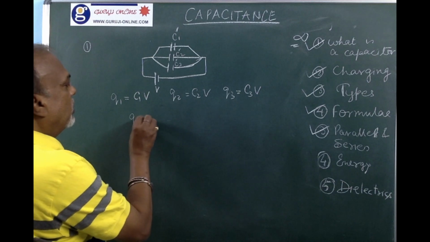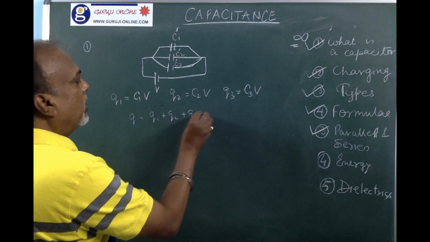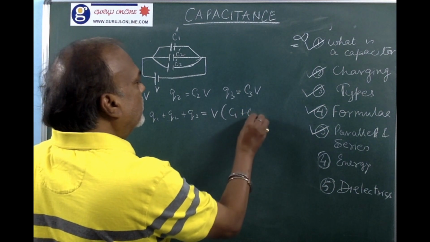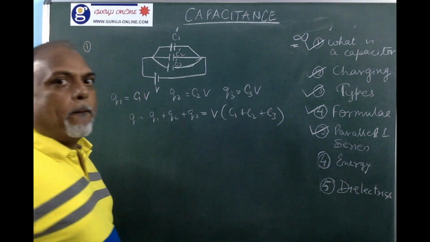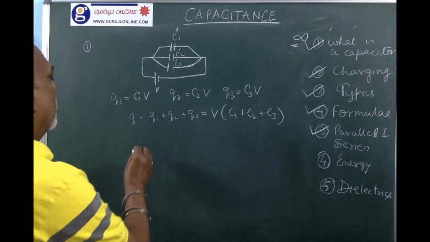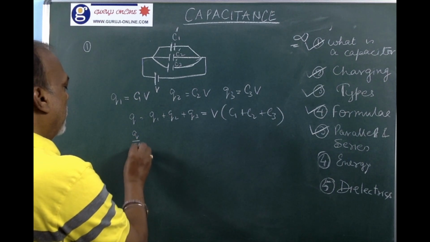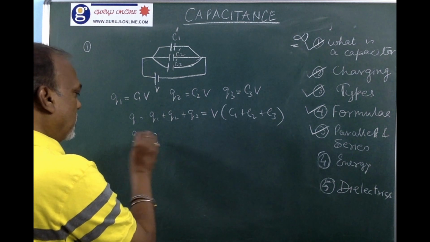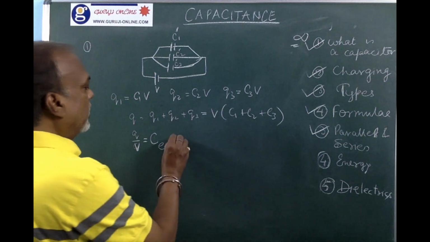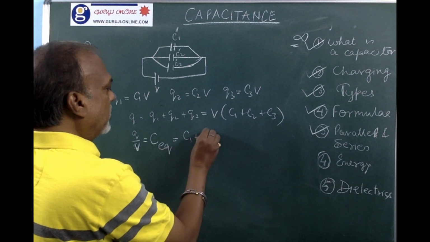Q is equal to Q1 plus Q2 plus Q3, or we can write it as V into C1 plus C2 plus C3. Now, what is this Q upon V? Q upon V is nothing but your C, the equivalent capacitance. This will be nothing but C1 plus C2 plus C3.